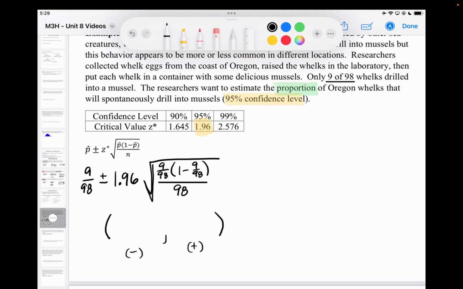And I should have just done this earlier, but here we are. Okay, I did the addition one first. So we get 0.149. And then let me just switch this over.